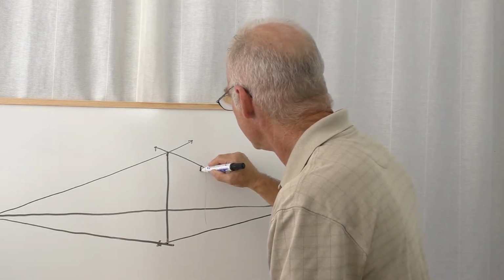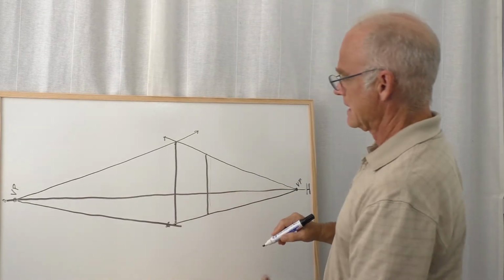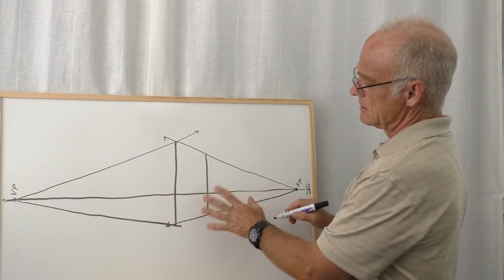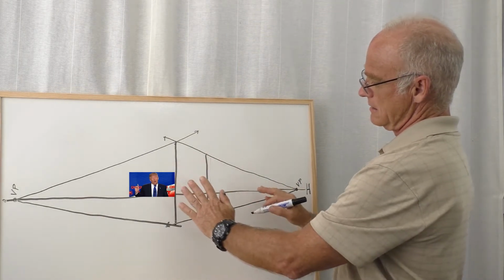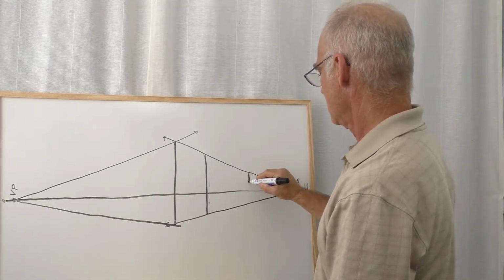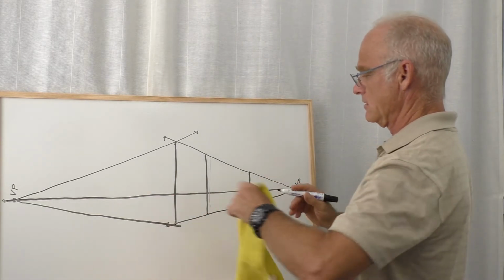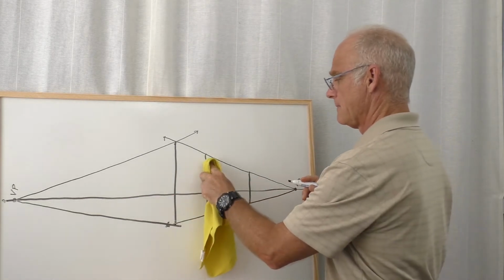Okay? That is not a square in perspective. That is also obviously a rectangle.